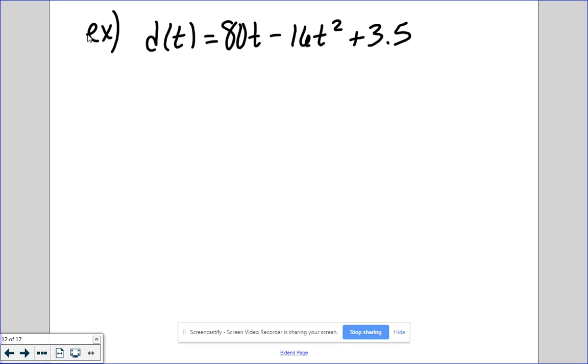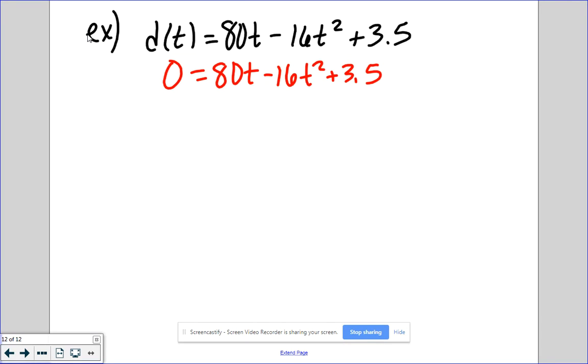The ground, right? Because if the ball then hits the ground, he's not able to catch it. Well, what is the ground in terms of height? 0. So what we're trying to find here is when y equals 0.